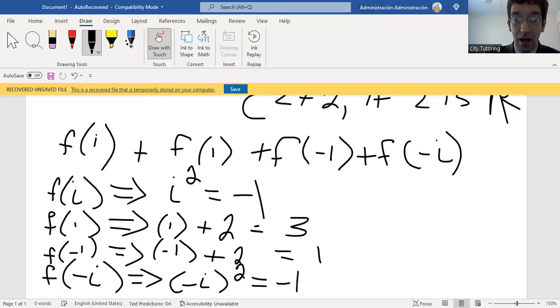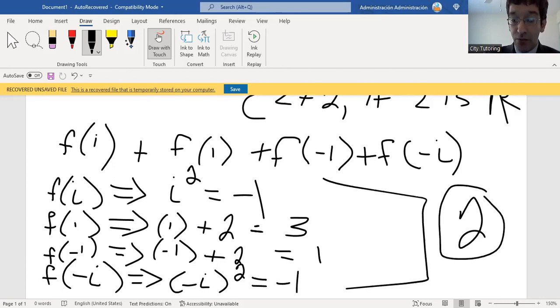Now you just plug in the values and add them. You have negative 1, you also have 3, you have 1, and you have plus negative 1. So your final answer should be 2. And you've just evaluated the piecewise function.